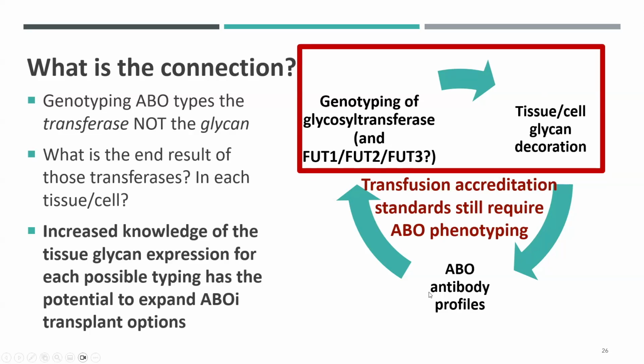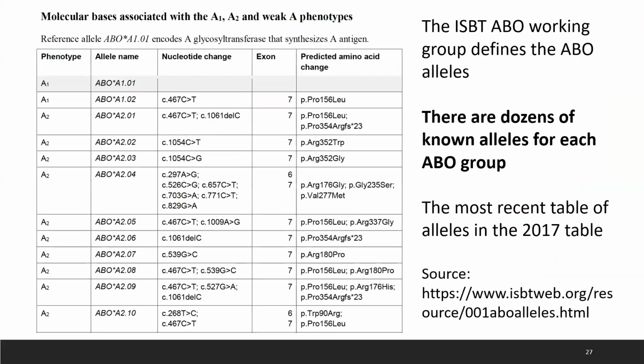And if we had better tools, we could use the ABO antibody profile as another piece of that tripod: if you don't have the antibody to it, then maybe you have it somewhere, and if you do have an antibody to it, probably your immune system isn't seeing it. So these three pieces of the puzzle can really help us tease apart what the different ABO alleles do, what the glycosyltransferases are doing, and what that means for the different tissues that we might want to transplant. So this is an example.